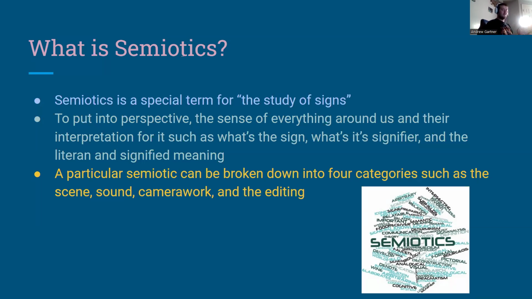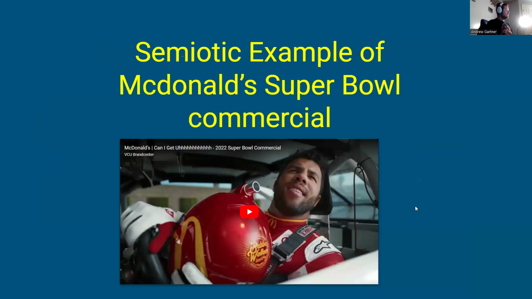And what's being signified out of the sign? A particular semiotic can be broken down into four categories: scene, sound, camera work, and editing. Those are the four things that I learned about it. And let's go to the first one.